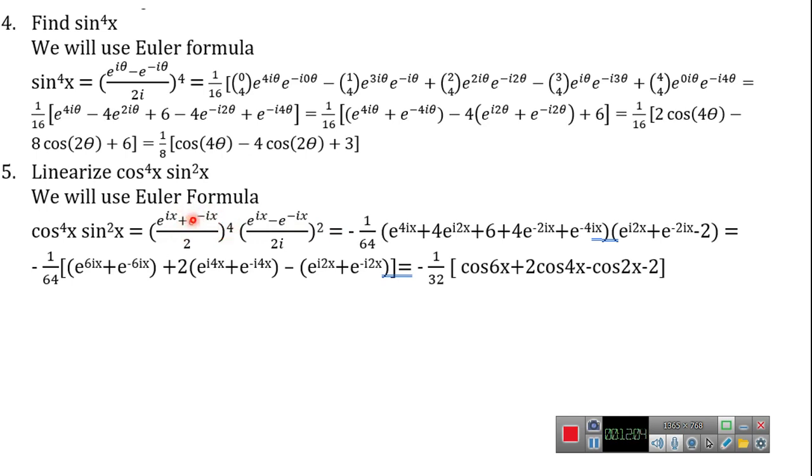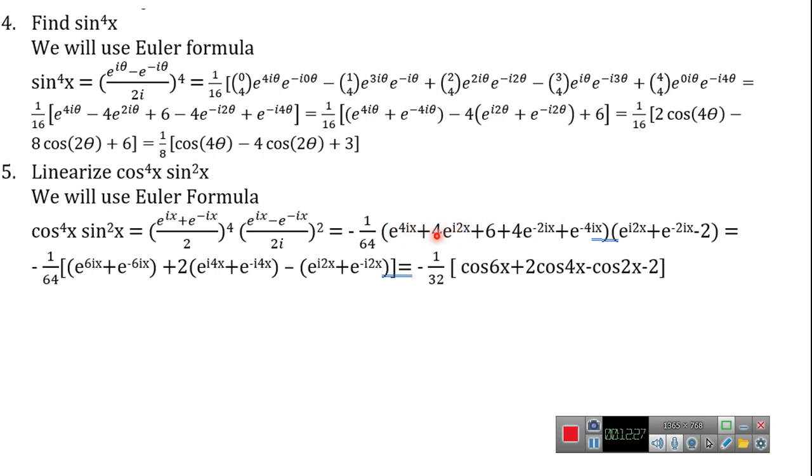Since I have multiplication, always when you have multiplication like this, multiply the exponentials before. Here first of all you have power 4, right? So I have (e^(ix) plus e^(-ix)) power 4. Let us do this parenthesis together.